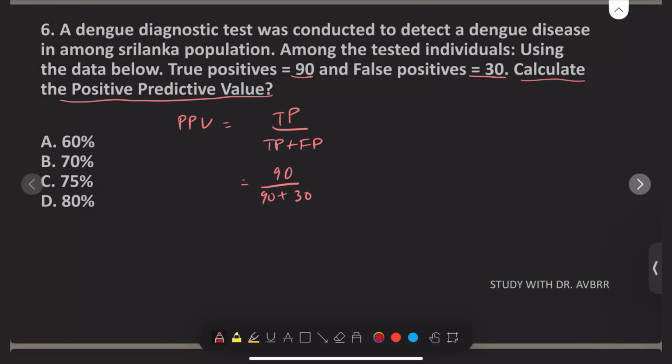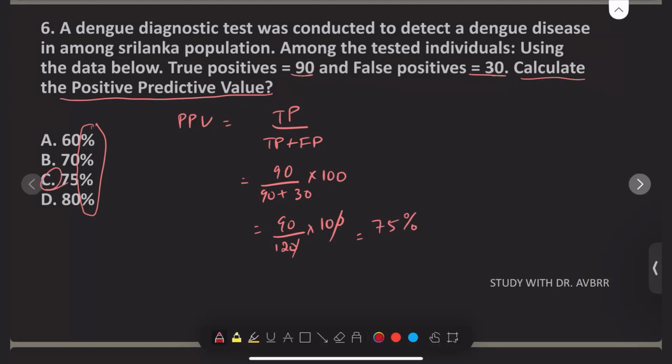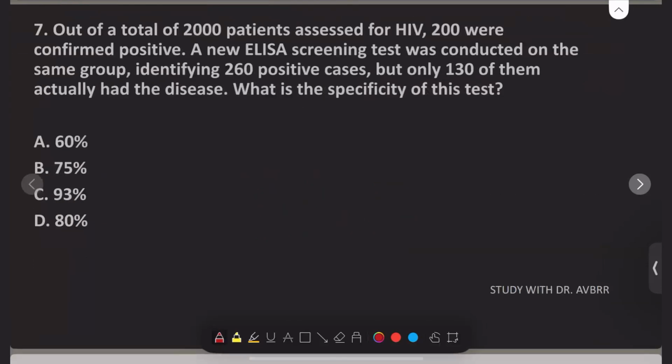And again, if you have noticed, all the options were given in percentages, so we will multiply by 100. 90 by 120 into 100. If you do the calculations, you will get the answer 75%. So the answer is C. This is an easy question, guys. Let's move on with the next question.